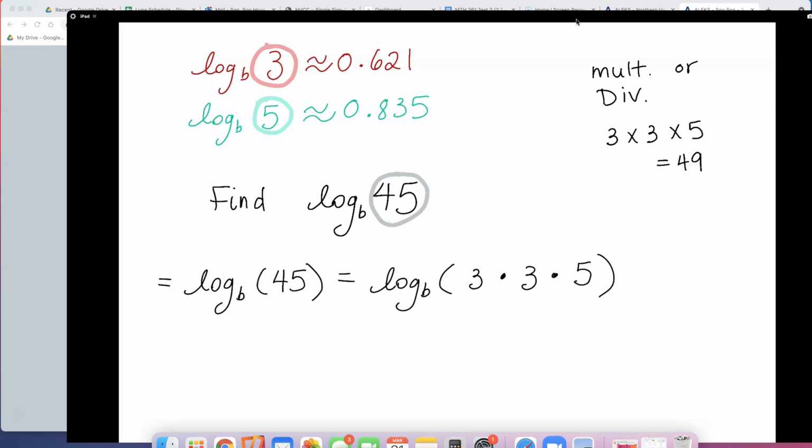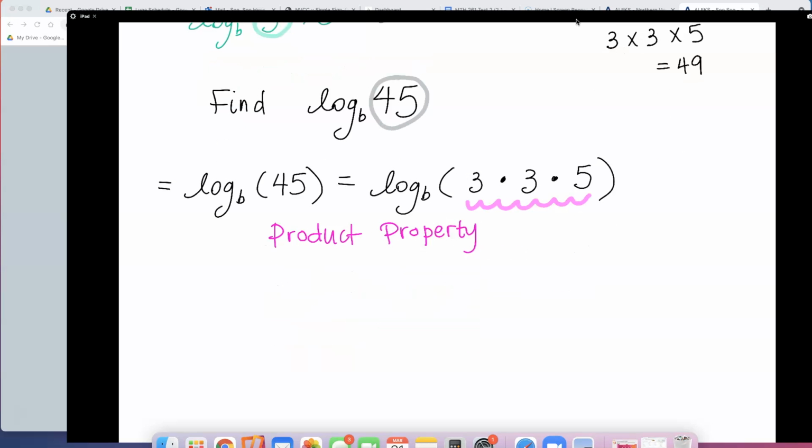So using the product property, and this is the property that you learned in 3.4, we can separate these three multiplication factors into a sum.